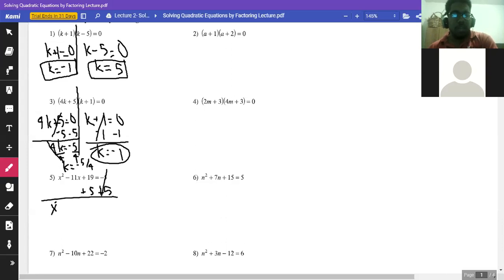So that gives me x squared minus 11x plus 24 equals 0. Next thing I want to do is I want to factor this.